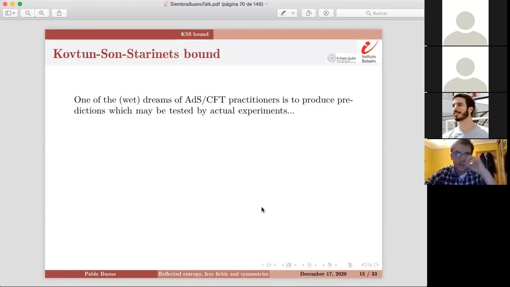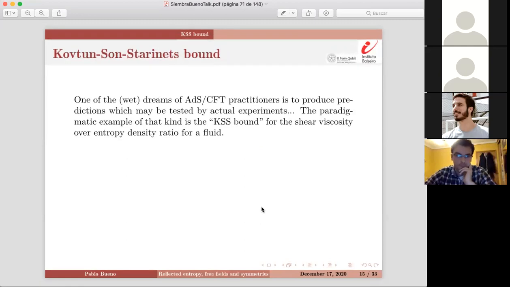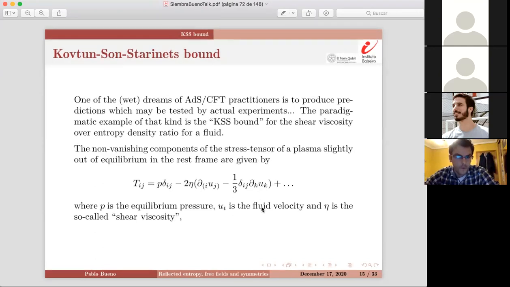Okay, so one of the dreams of AdS/CFT practitioners is to produce predictions that may be tested by actual experiments and get a Nobel Prize, perhaps. And the paradigmatic case of this is perhaps the KSS bound for the shear viscosity over entropy density ratio for a fluid or a liquid. This is perhaps a notion which is not that familiar.